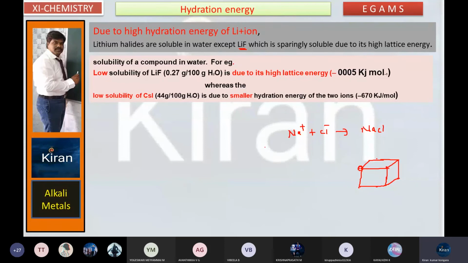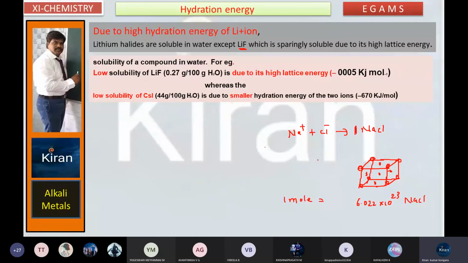For example, here atoms are arranged like this. In this way the sodium chloride is arranged. We are saying here 1 mole. 1 mole means how many atoms are there? 6.022 into 10 to the power of 23 NaCl. 1 mole NaCl is equal to that many NaCl.